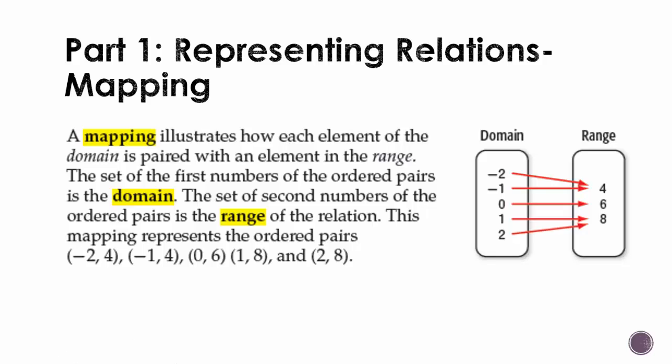A mapping illustrates how each element of the domain is paired with an element of the range. Hopefully you've heard those words before. The set of the first numbers in the ordered pair is your domain. So whenever you think the word domain, I want you to think x values, input, an independent variable.